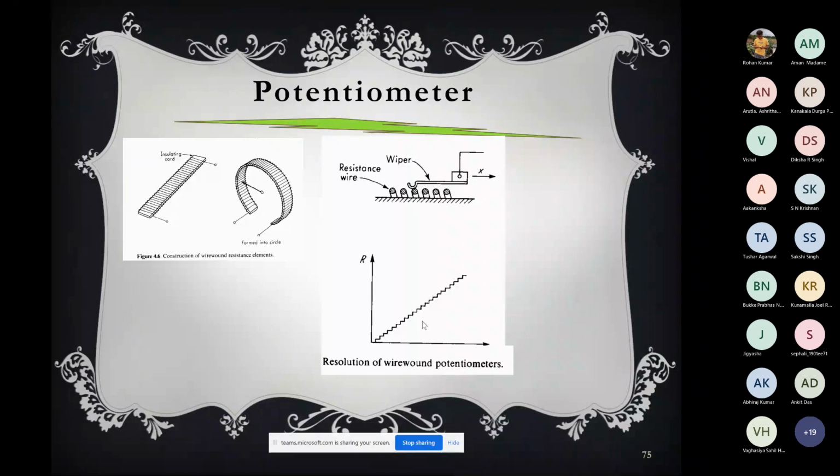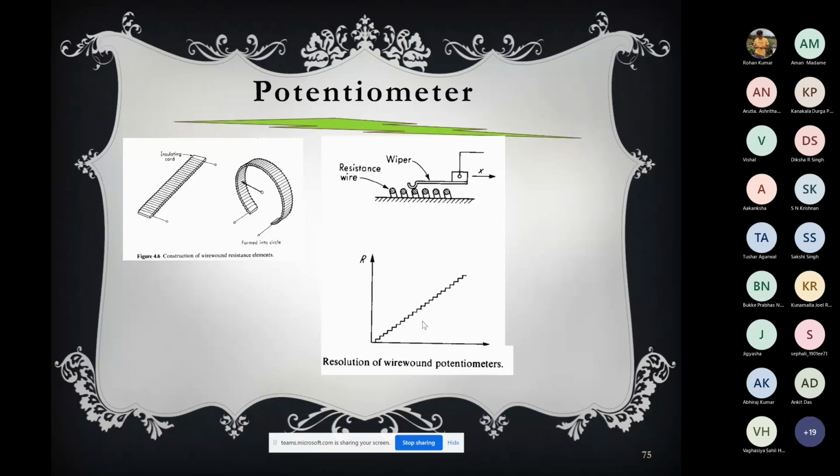Okay. So to make that continuous thing happen, but as the change of resistance is very less, although the resolution will be high, you might have a very long wire to travel the full resistance. So such potentiometers are available, but limited to small resistance values.